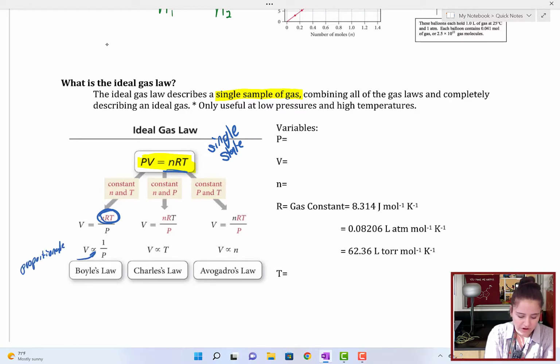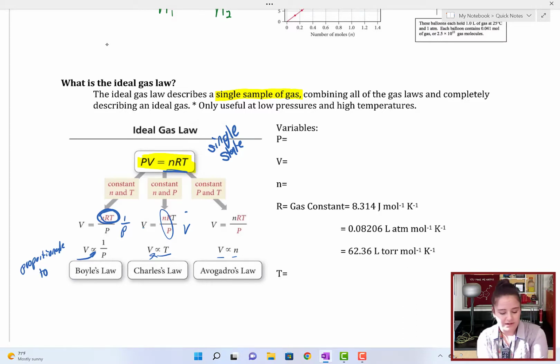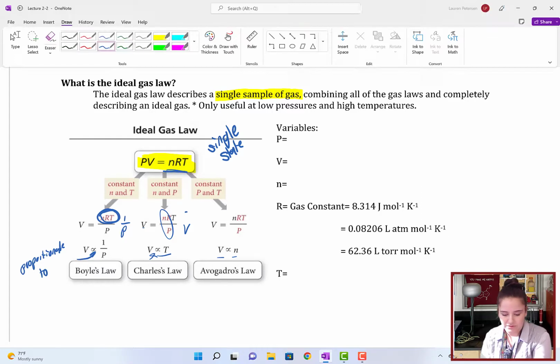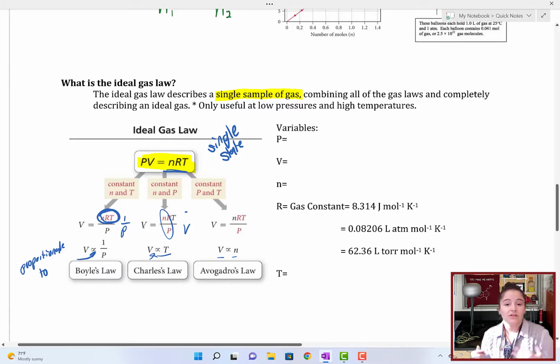And so we get that volume is proportionate to, that's what that symbol means, proportionate to, 1 over P, with those being constant. With these being constant, volume is proportional to temperature. With those being constant, volume is proportional to number of moles. That's all of them. They're all there in the ideal gas law.